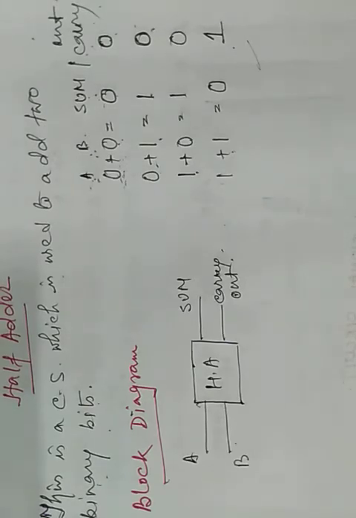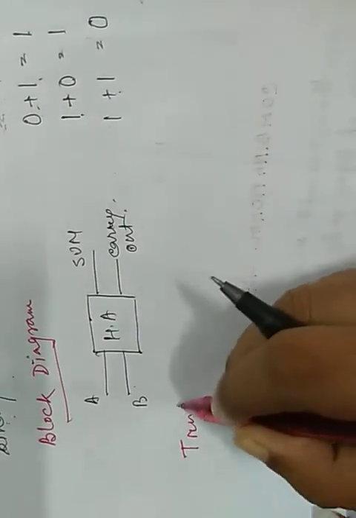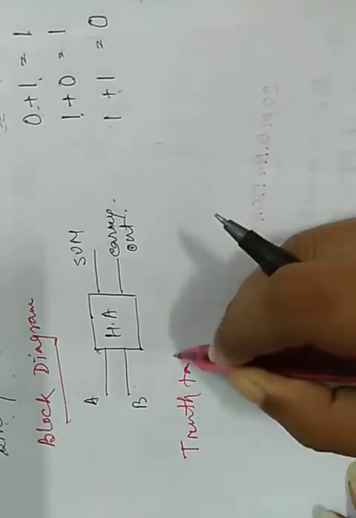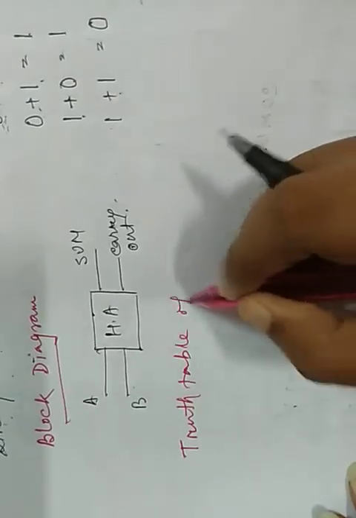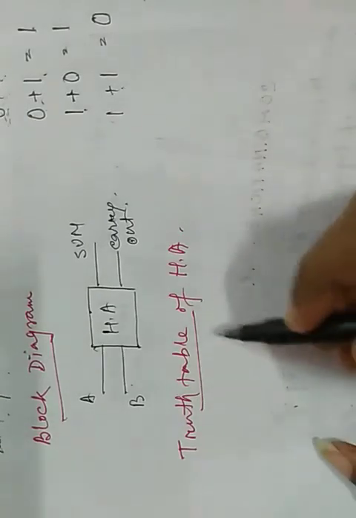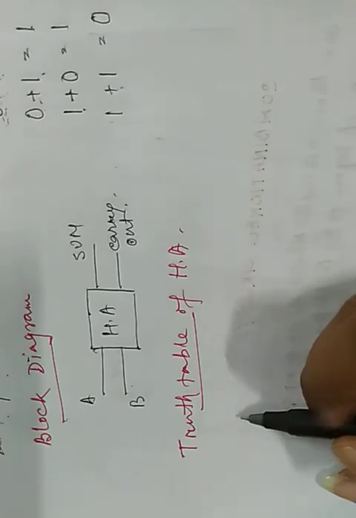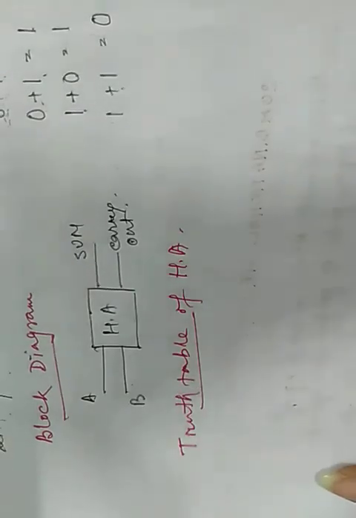Now the logic diagram. Before the logic diagram we have to write the truth table of half adder. What is a truth table? We know that every truth table must have some inputs and outputs. The inputs are A and B, two inputs are there.